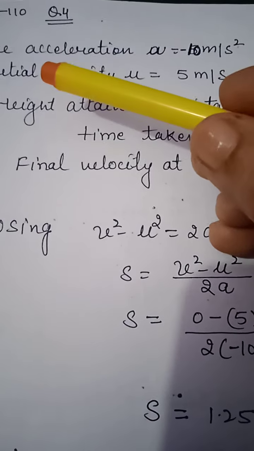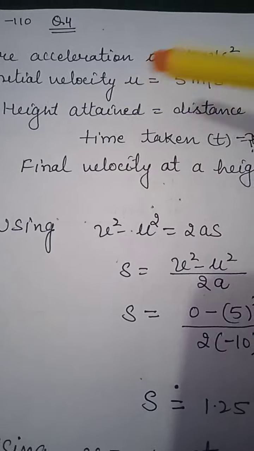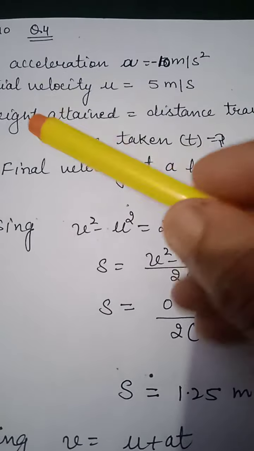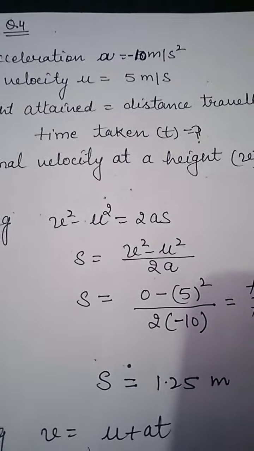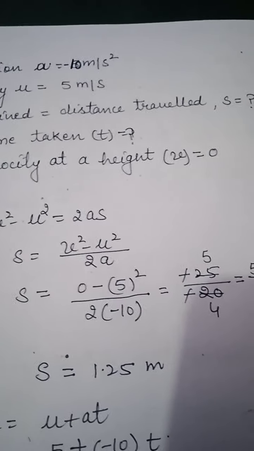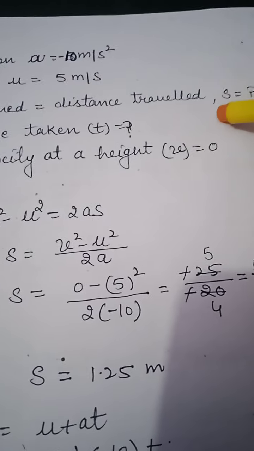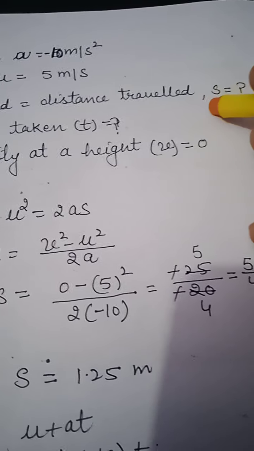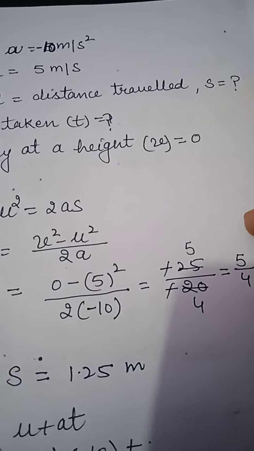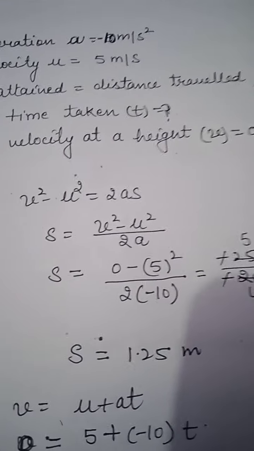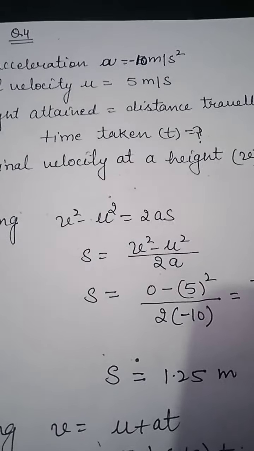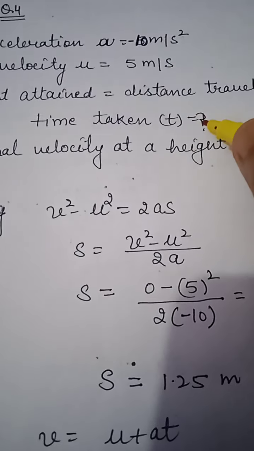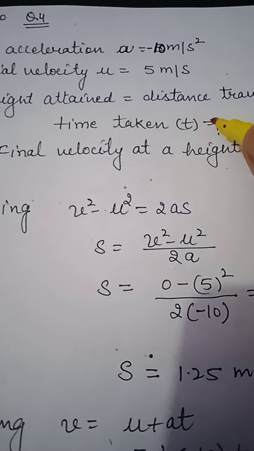Now we have to calculate the height attained. Height attained is equal to the distance traveled, denoted by s, and we have to calculate the distance traveled and the time taken to reach that point.